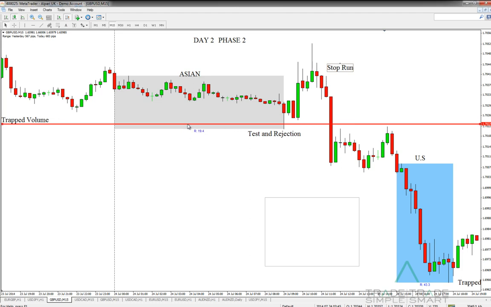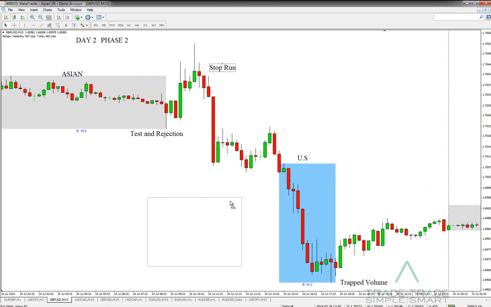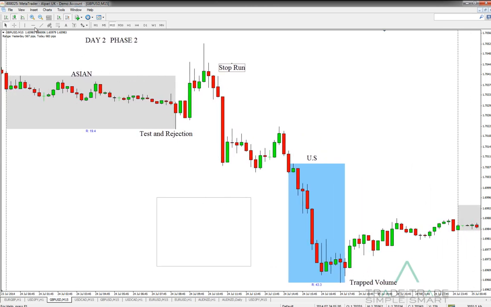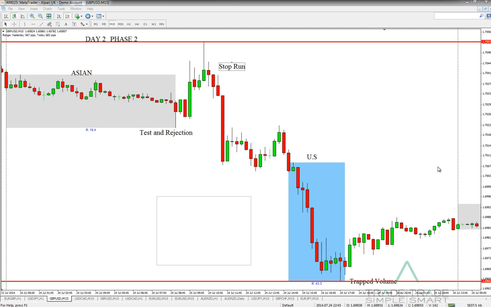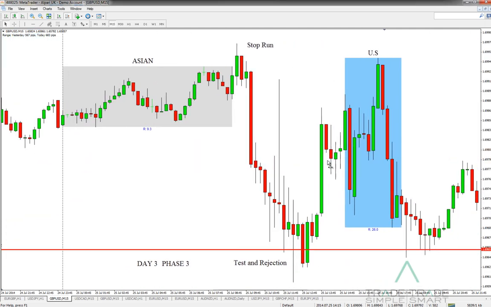So if I delete the high and low from day 1 and we mark the high and low for the second day session, and we move on to day 3.